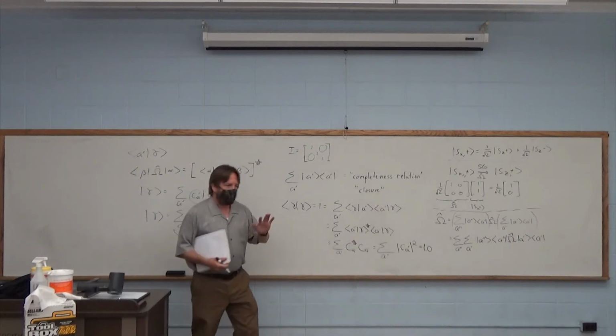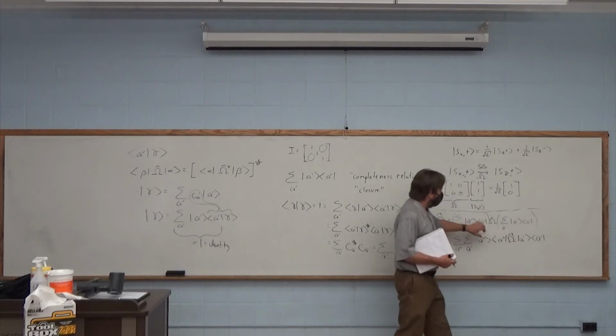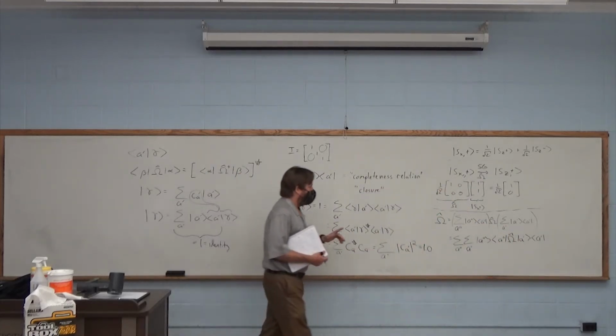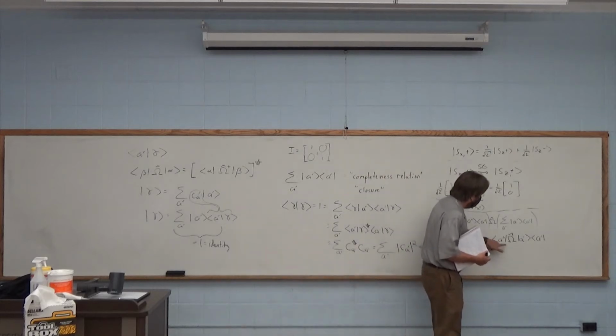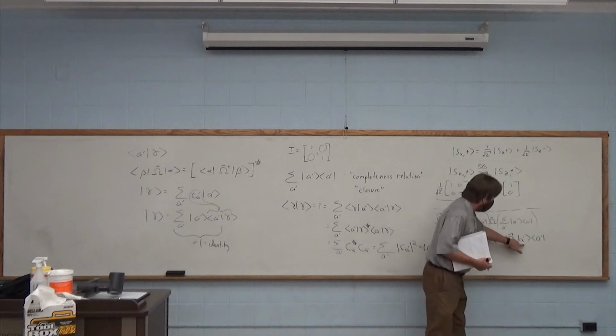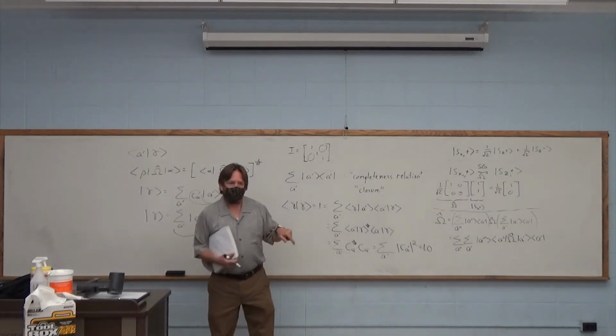Now remember, what I'm doing here is I'm trying to figure out how to represent an operator with a matrix, and I've actually done so. That's like the row, and that's like the column. Right, so you kind of see that, right?